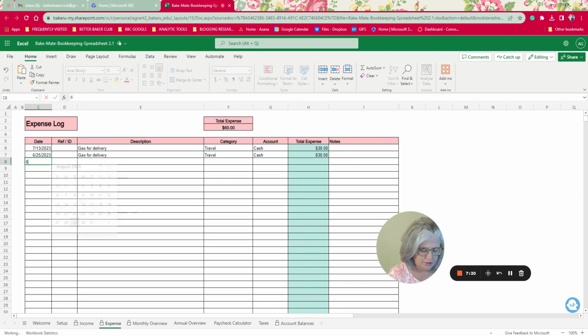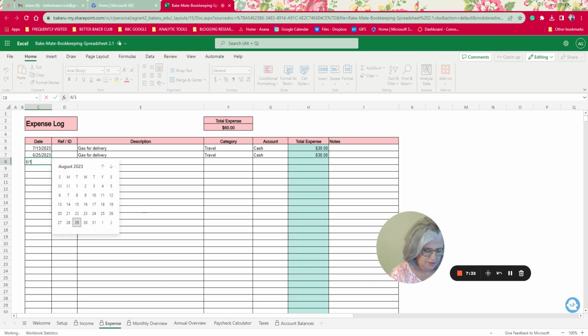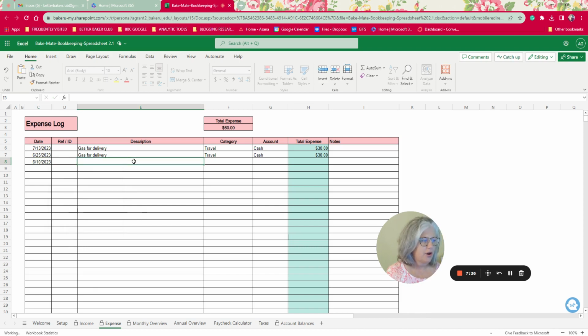So this one is June 10th, 2023, and this is satin ribbon in assorted colors used for tying my boxes up, and that was $10. And my category for this is actually going to be inventory, because this is something that I need to create the product that I have for sale.